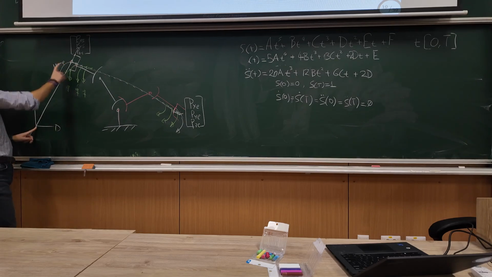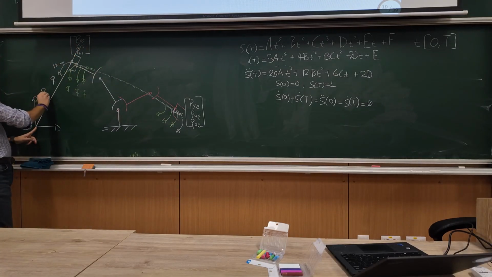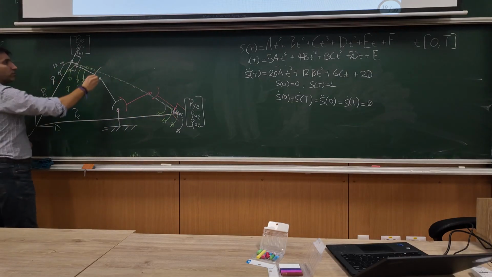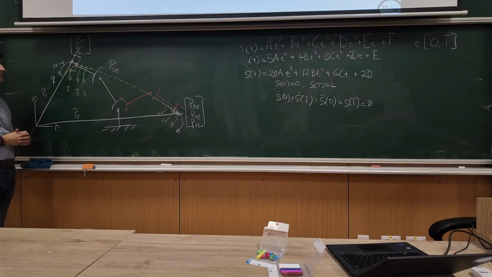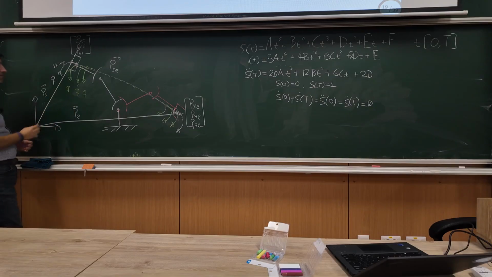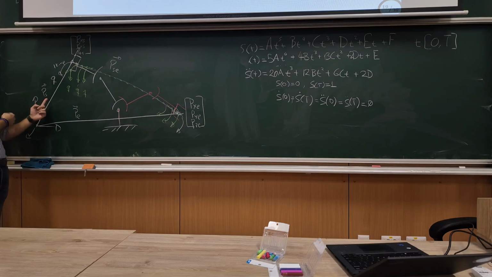I know this one, and I know this one. These are numbers. This is P S, and this is P end. So I need the vector from P S to P E. How do I calculate this if I know these?